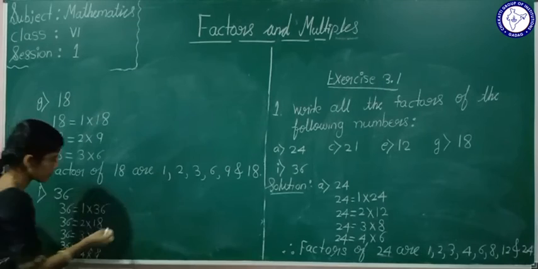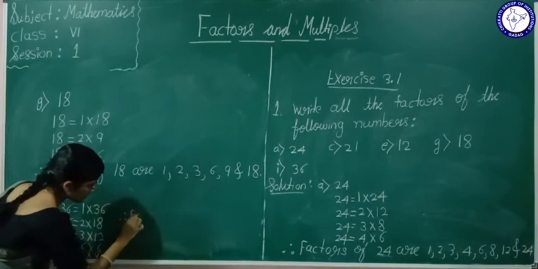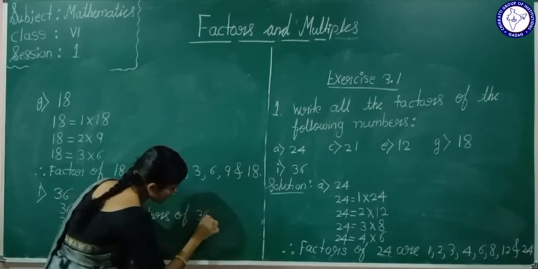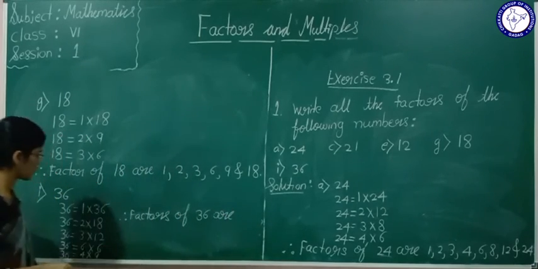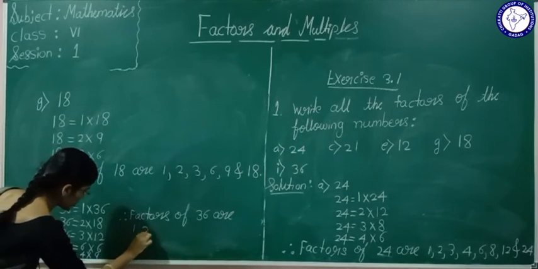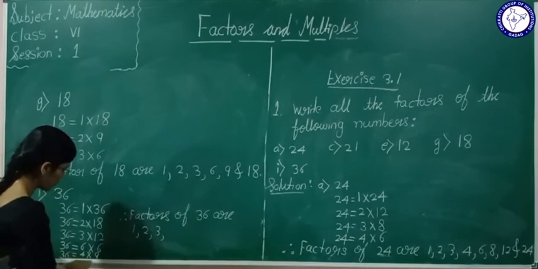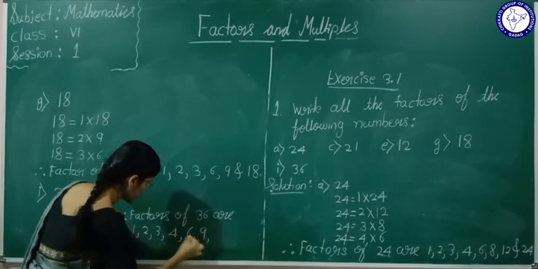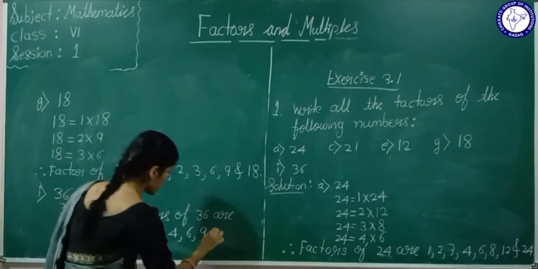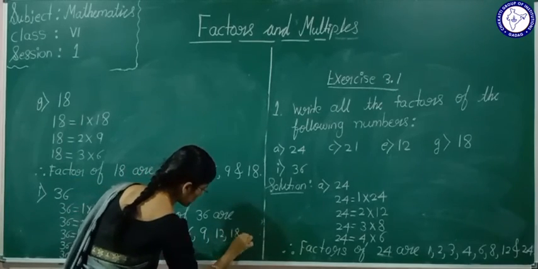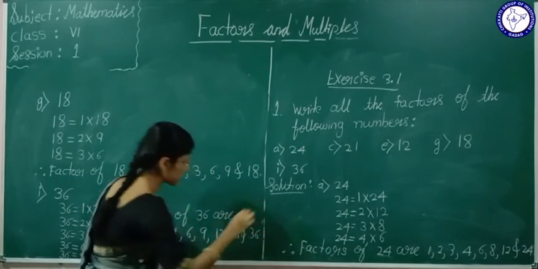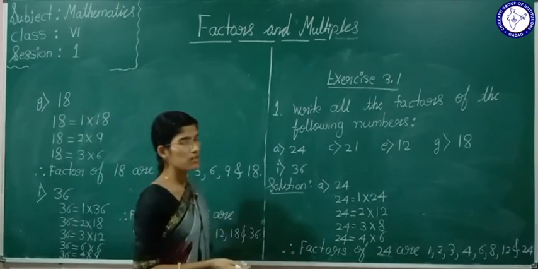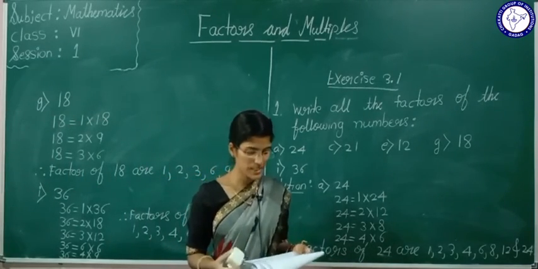Therefore factors of 36 are, what are those? 1, 2, 3, 4, 6, 9, 12, 18 and 36. Okay, so this is about the first main. Now we will see the second main.